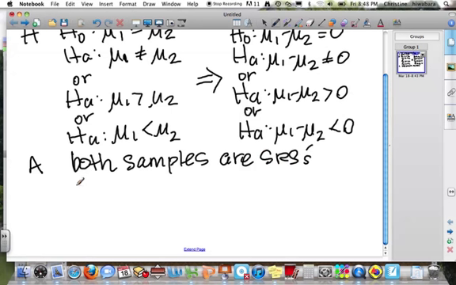And then the next part would be to state that if you had data for the normal condition, if you had a list of data and you put it in your graphing calculator and you graphed a normal probability plot for both data sets, you would have to state that the normal probability plots were approximately linear for both samples. So you have to say that the normal probability plots are approximately linear.